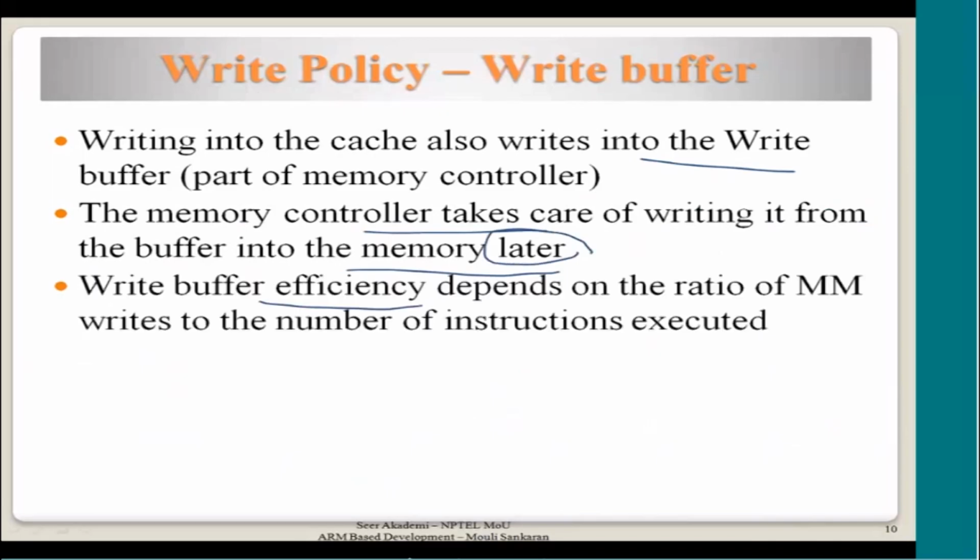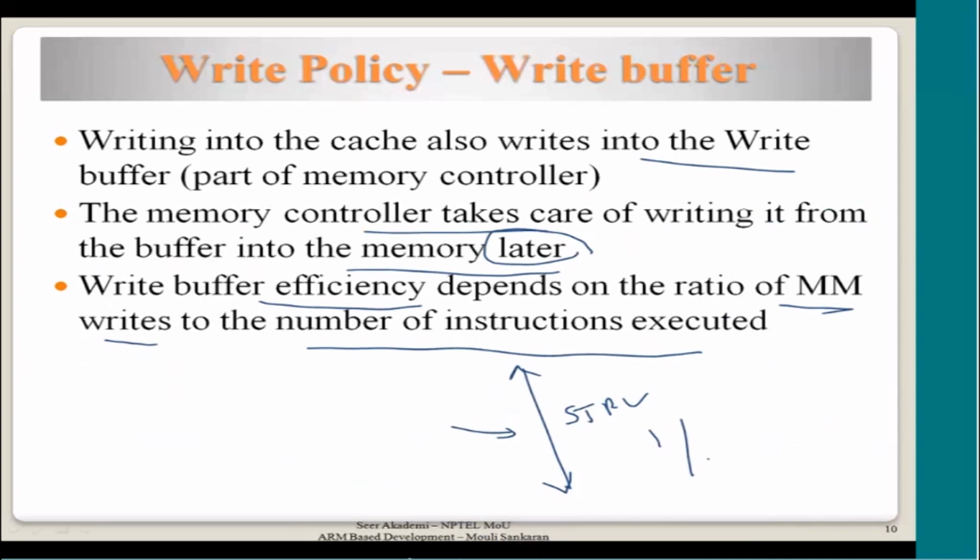Write buffer efficiency depends on the ratio of writes to the number of instructions executed. What does it mean? The number of times STR kind of instructions are executed. Suppose it is 1 out of maybe 10 or maybe 20, whatever the number.